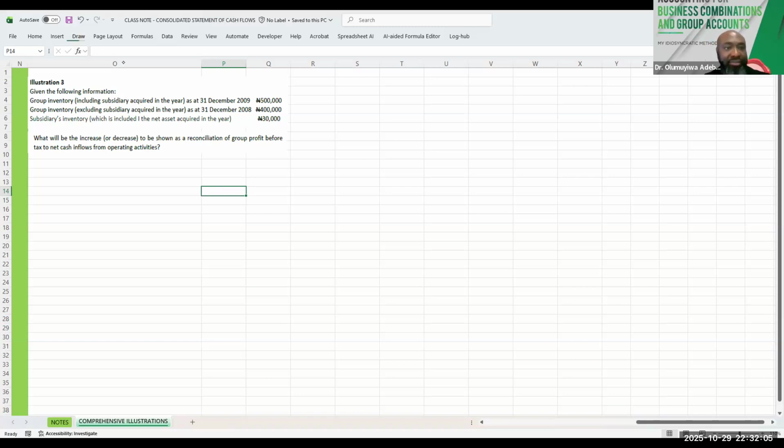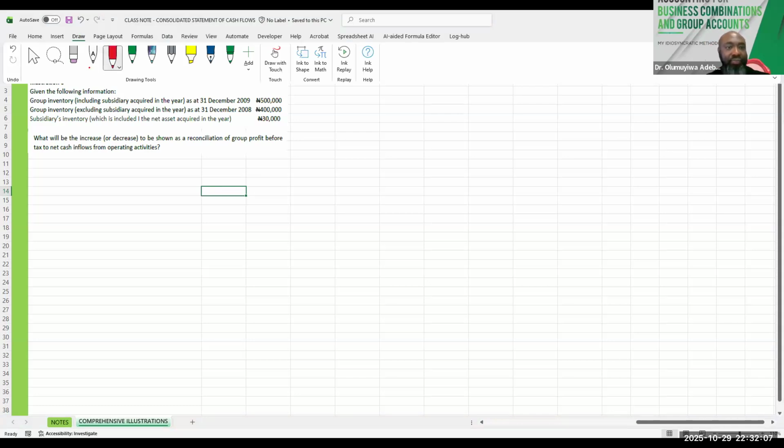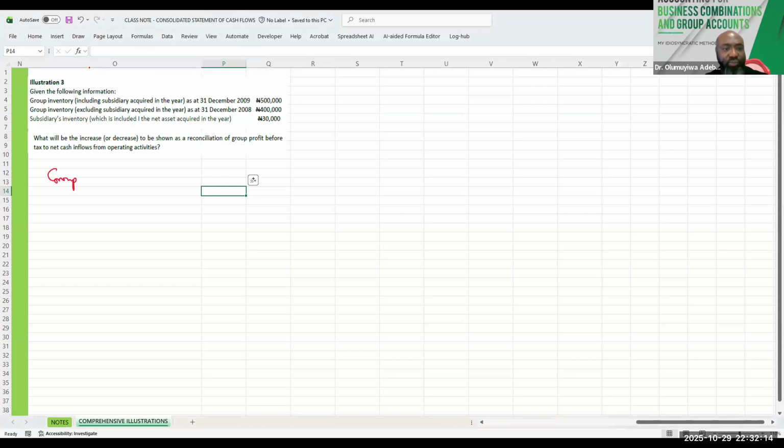At the beginning of the year, this was a group structure. At the beginning of the year, you have the parent and subsidiary one that make up the group.